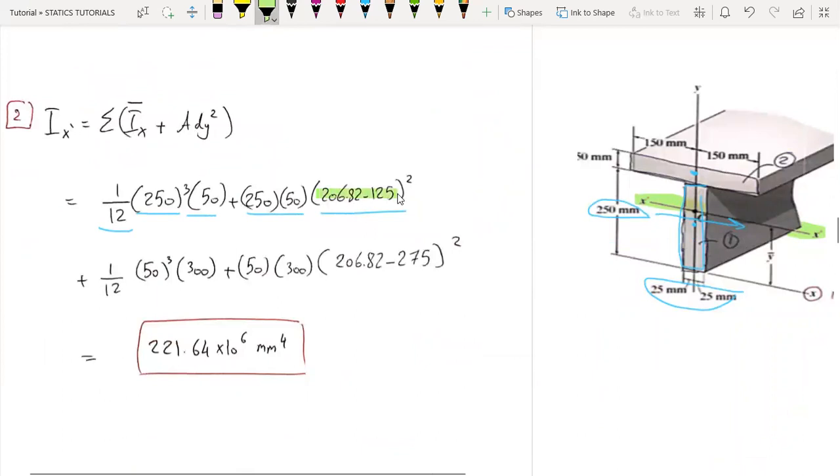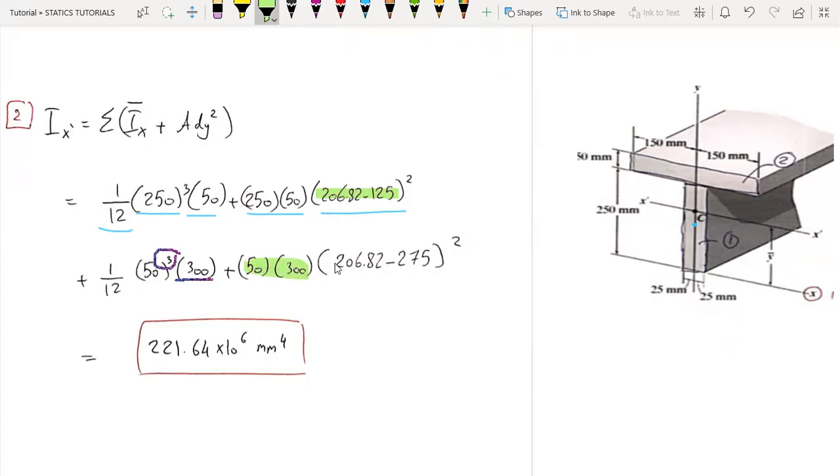Here again, regarding segment number 2, the x-axis is crossing 50 millimeters, so it's cubed, multiplied by 300, which is this dimension, plus A dy squared. The A is easy, 50 multiplied by 300.